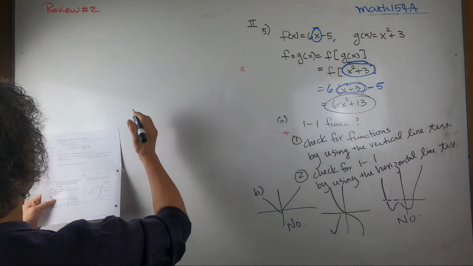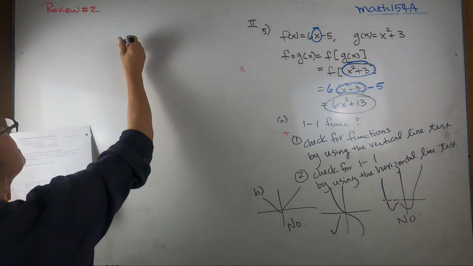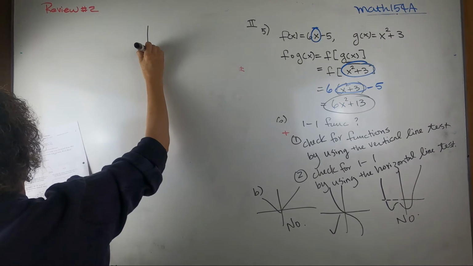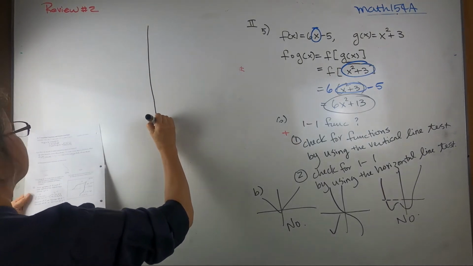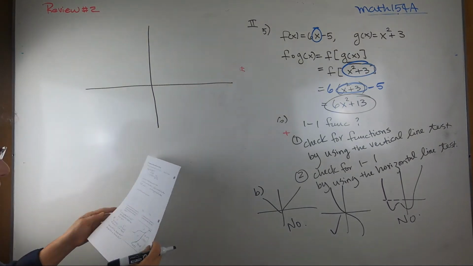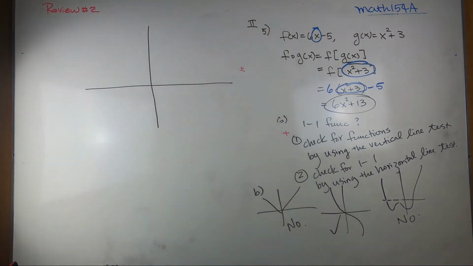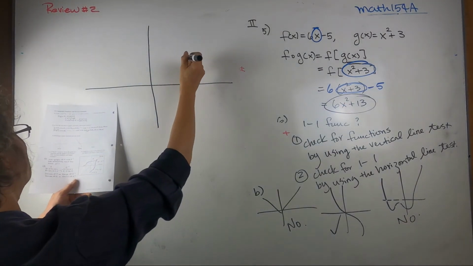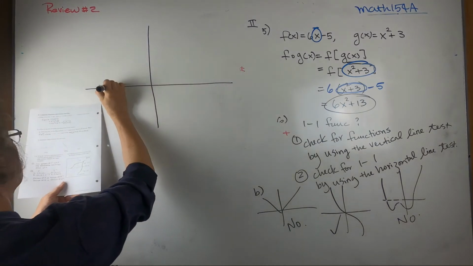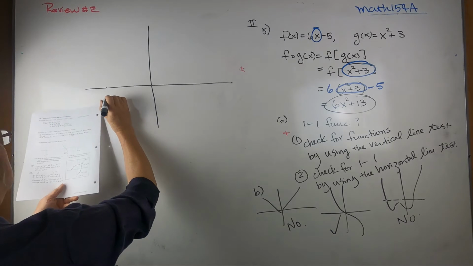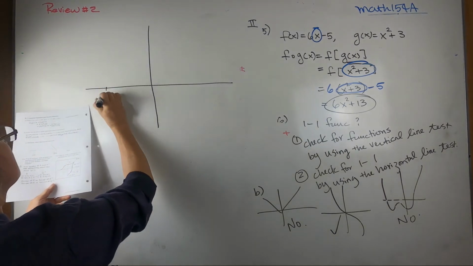So if we have this one, which one I give to you? Oh, the top one, okay? So we have here one point, which is -5 and 0.